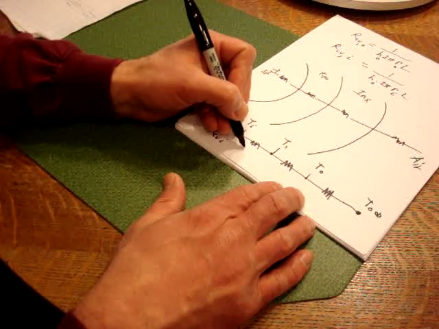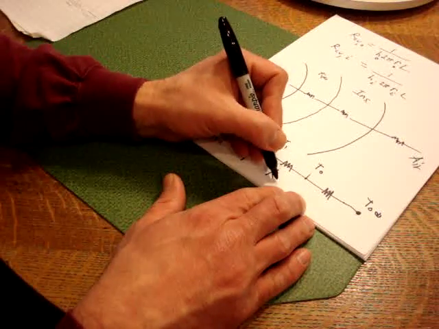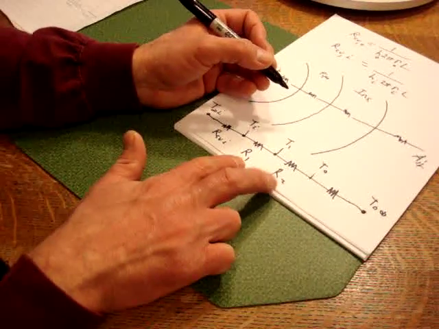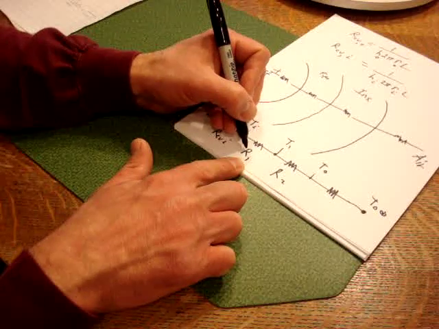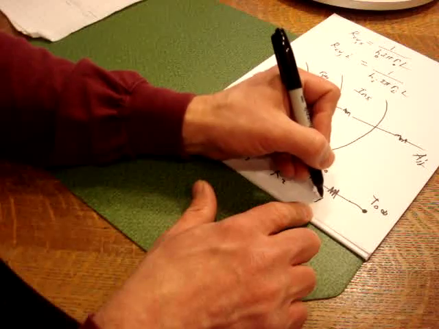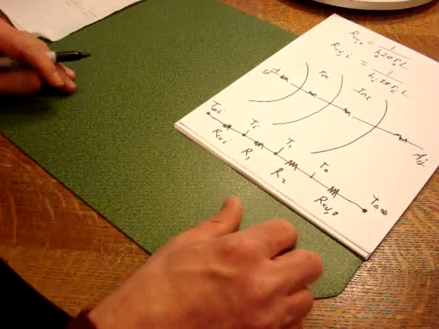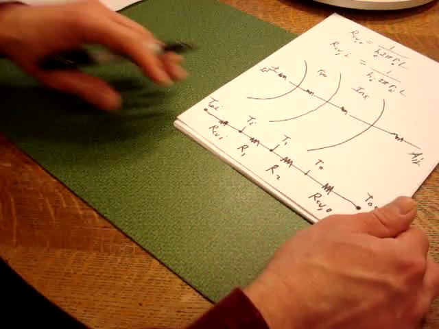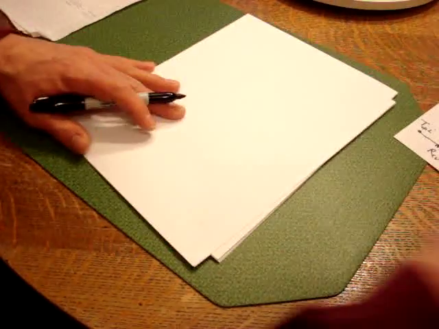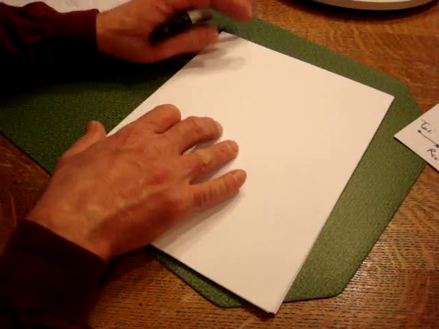We'll arbitrarily call this R1. We'll call that one R2. Both of these are due to conduction, one for the pipe and one for the insulation. And over here we'll have R convection on the outside. So since these resistors are in series, we can add them all up to get an equivalent resistor.